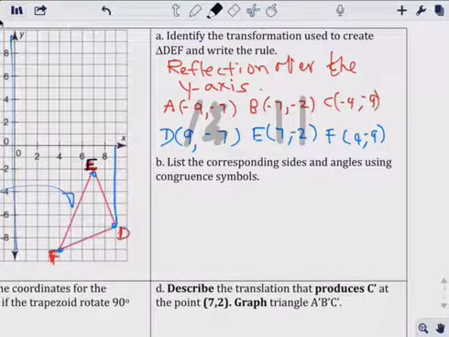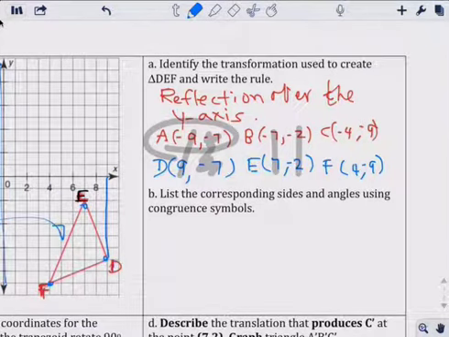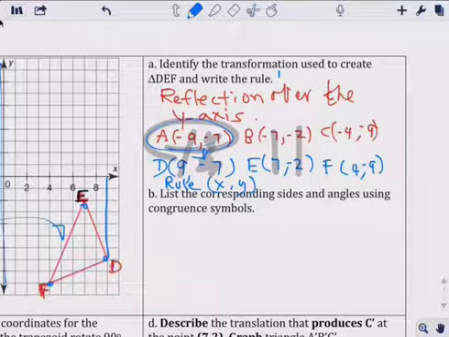So the rule is we start out with the original. Put rule here. Start out with the original X, Y right here, and it turns into the X becomes its opposite.